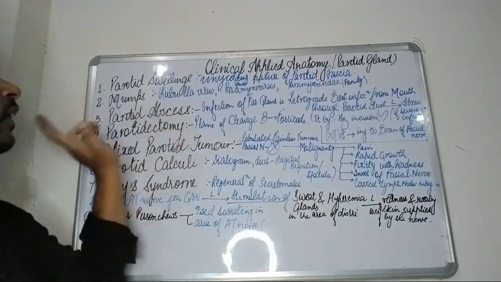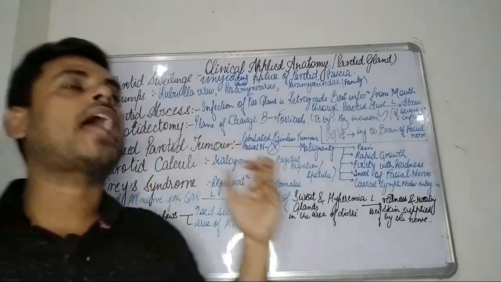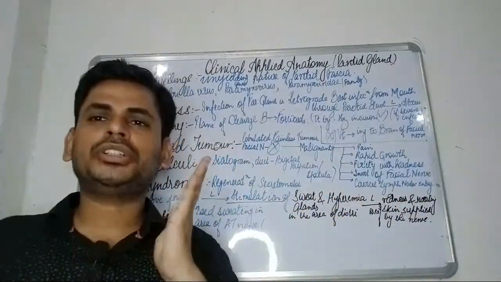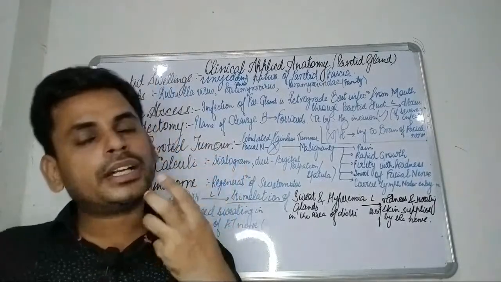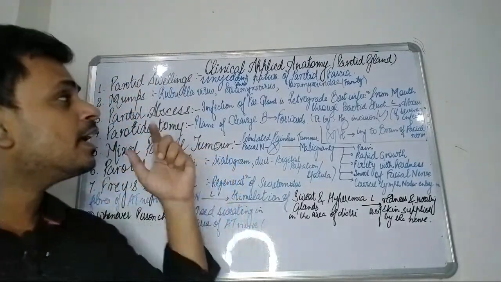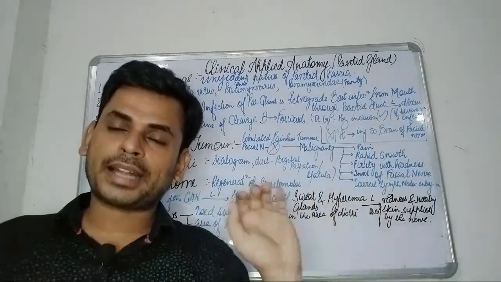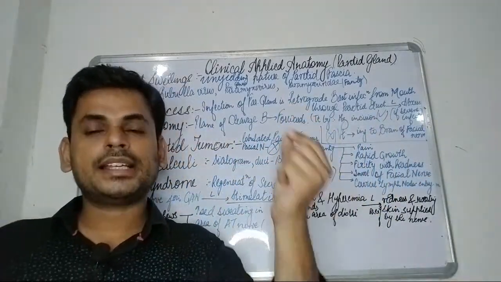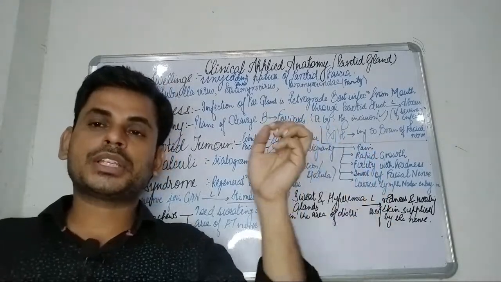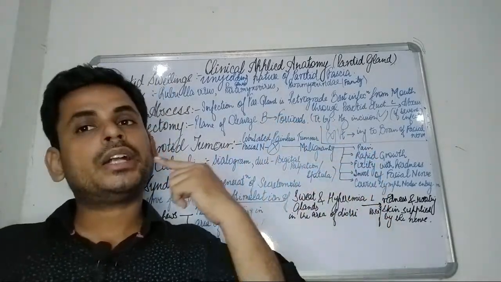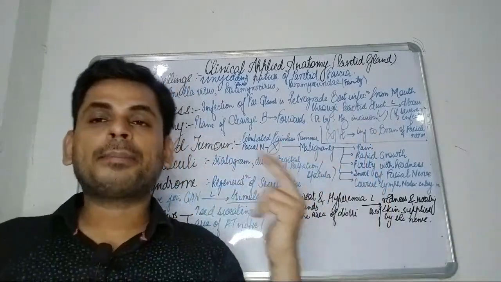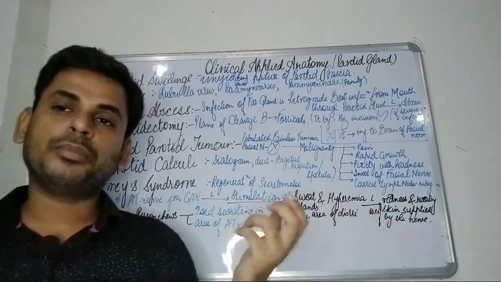Finally, the third clinical complication is the parotid abscess. Whenever there is an infection of the parotid gland, it is mostly a retrograde bacterial infection, because as you know, the parotid gland has a duct called Stenson's duct, which opens in the vestibule of the mouth opposite the upper maxillary second molar tooth.